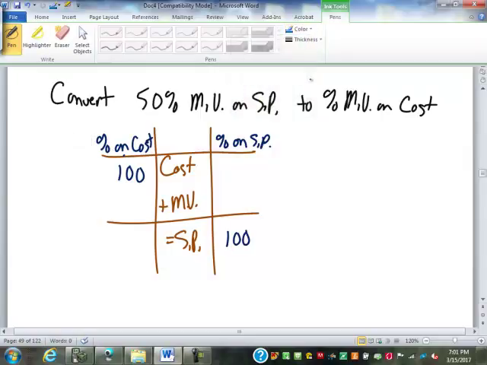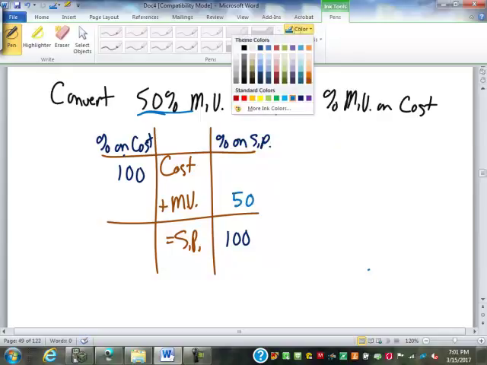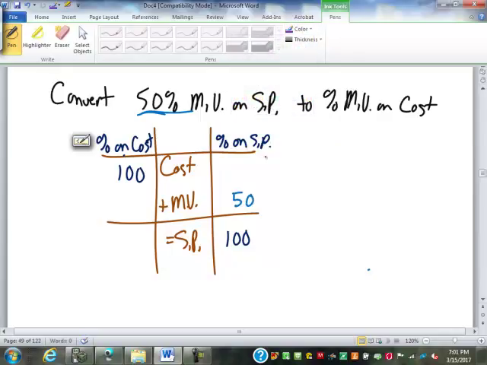Now I look at the problem, I have the 50%. Where's that going to go? Cost side or selling price side? Selling price side, right there. And now that I know that, I have two numbers on the selling price side, I can find the third one. What's this one going to be? 50. Because 50 plus 50 equals 100.